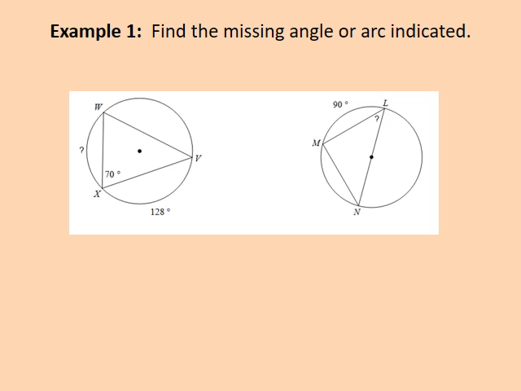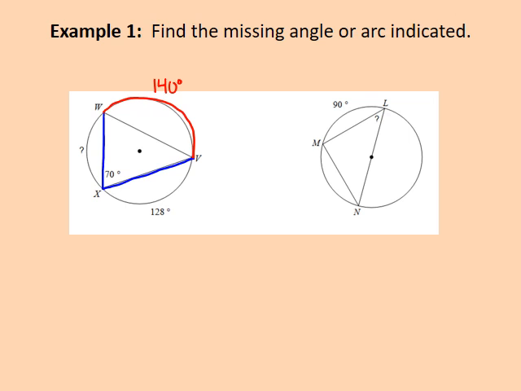Let's now apply some of the ideas that we just learned. Find the missing angle or arc indicated. We have an inscribed angle right here, and it intercepts this arc right here. So we know that 70 times 2 is 140 degrees, because the inscribed angle times 2 is the intercepted arc, or the intercepted arc divided by 2 is the inscribed angle.